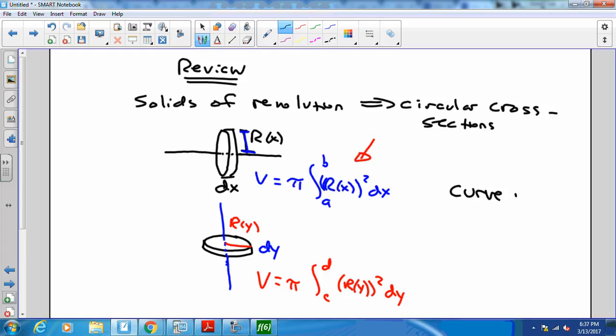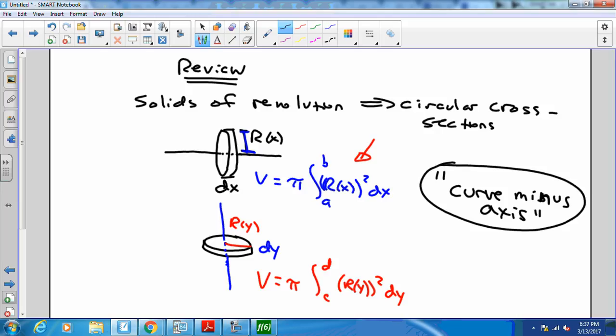So in many ways, the solids of revolution, I think, are a little bit easier to work with than the solids with constant cross-sections, because the area formula is always known. And all I have to do is to identify that radius. And how do we identify the radius? By using our slogan, curve minus axis.